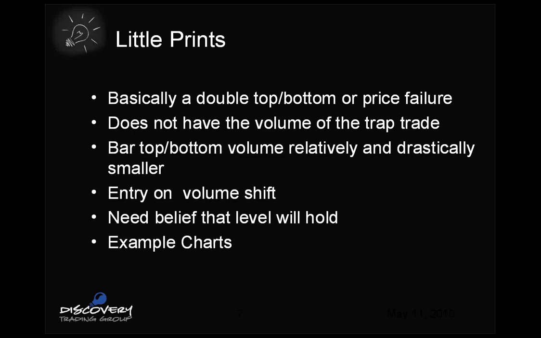It could be what we call a high failure, which is a price action setup, or a low failure where price comes into the level and doesn't actually hit the double top and fails a little bit under it, or below it in the case of the opposite trade. Or it can go through it, but unlike the trap setup, it goes through it, but it doesn't build up that volume. It just does a straight rejection.